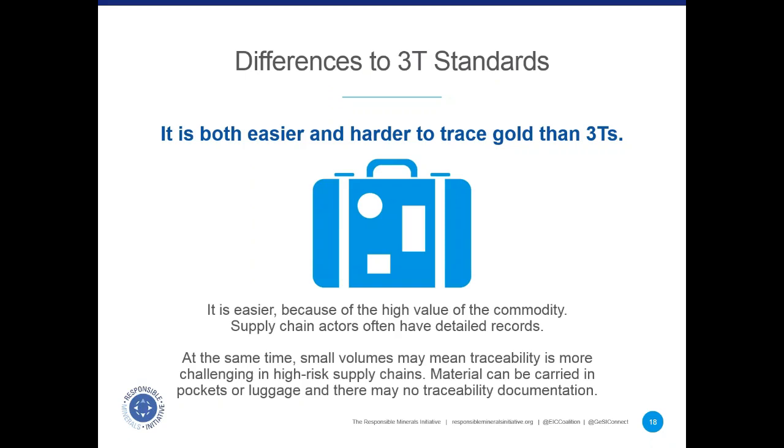At the same time, small volumes may mean traceability is more challenging in high-risk supply chains. Material can be carried in pockets or luggage, and there may be no traceability documentation at all. Complex supply chains and CARAs may make standard documents difficult to obtain. As a result, refiners should carefully consider how material traceability is required to be documented.